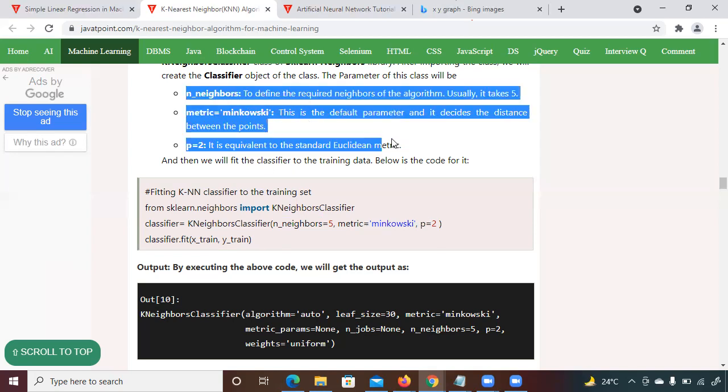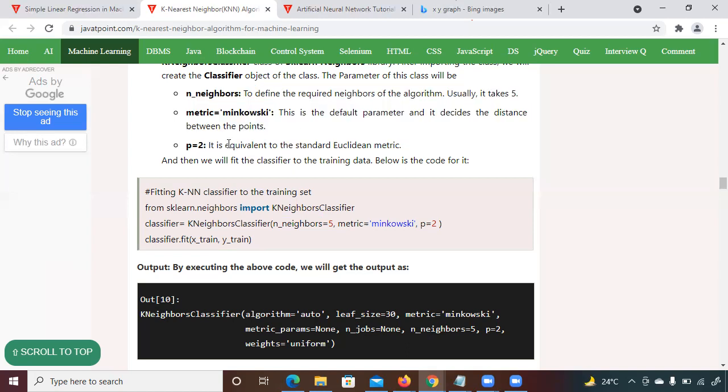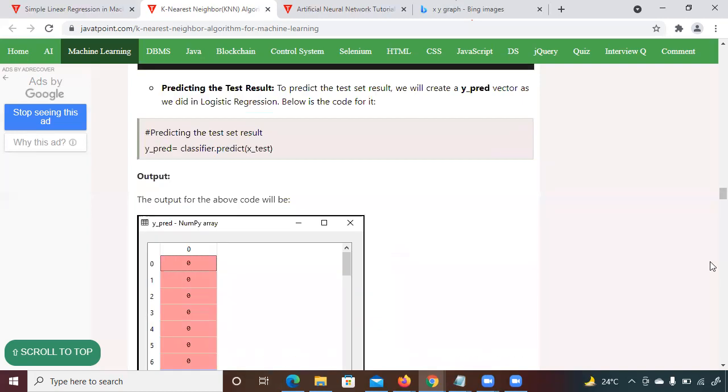This n_neighbors defines your k value. Metric means the distance formula that you want to consider, and p equal to 2 means it is equivalent to the Euclidean metric, so the mathematics you are going to use here is Euclidean as well. Then you just have to fit on the train data, and it will give you the result.